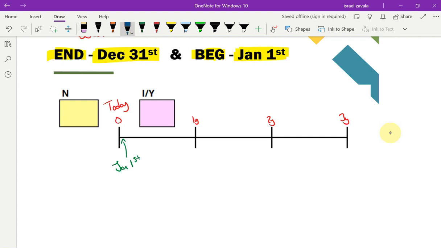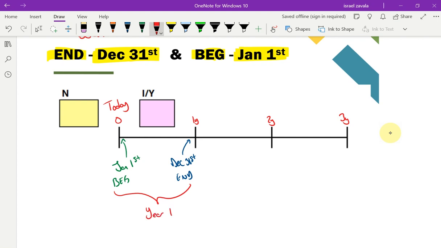Now, the end of the period is going to be December 31st, okay? Now, this is the beginning, BEG, and this is the end of the period, obviously. And this is all for year 1.